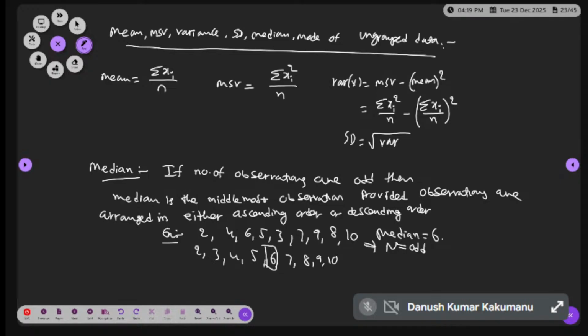What is the location of this one? It is the (n plus 1) by 2 position. Is it clear to all of you? (n plus 1) by 2. Location, position. Next.